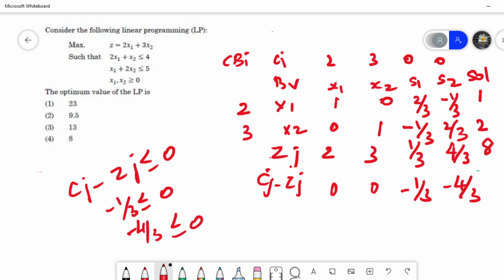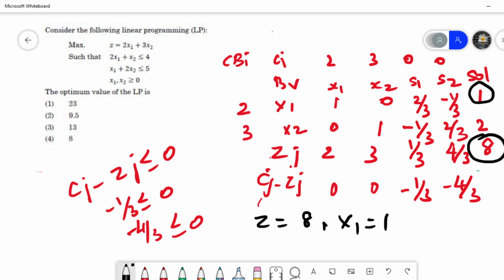Okay. So what is the Z value here? 8. So Z value is 8. So what is the value for x1? x1 is 1. Then what is the value for x2? It is 2.